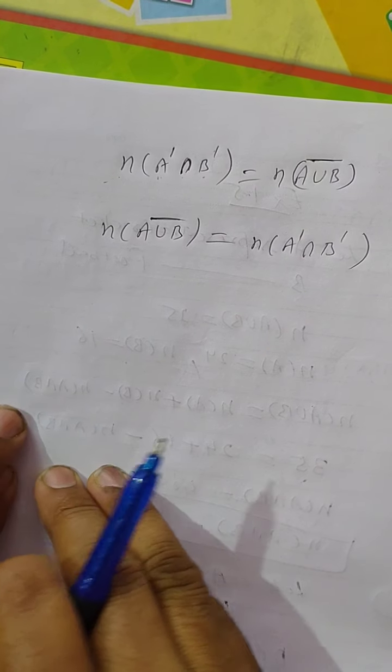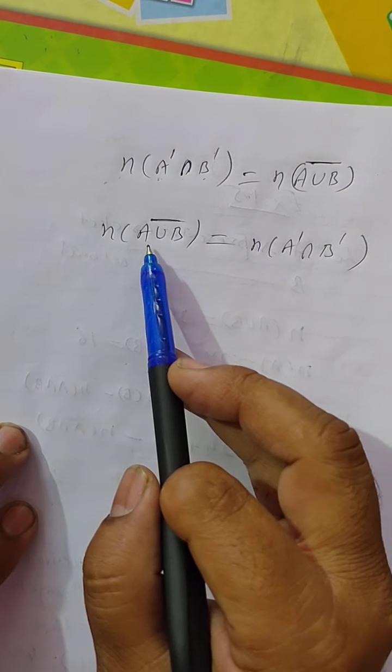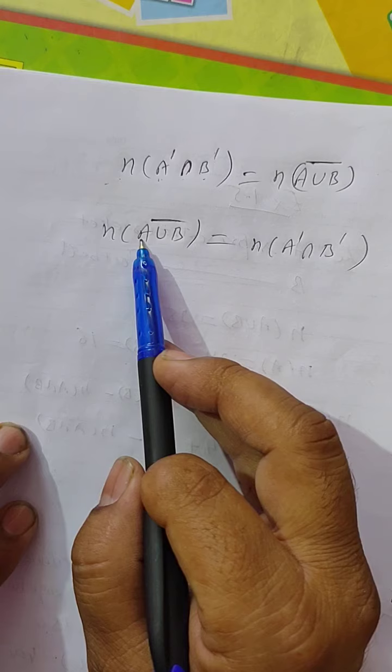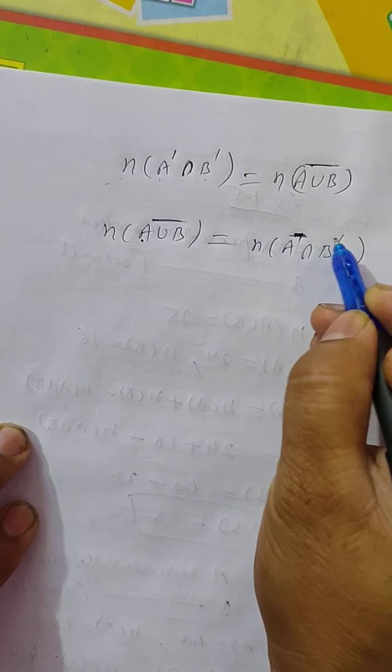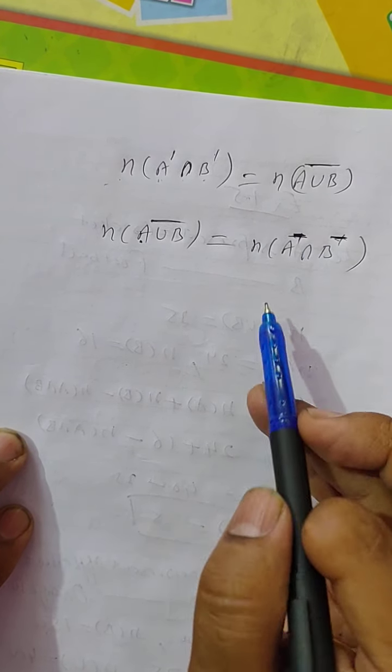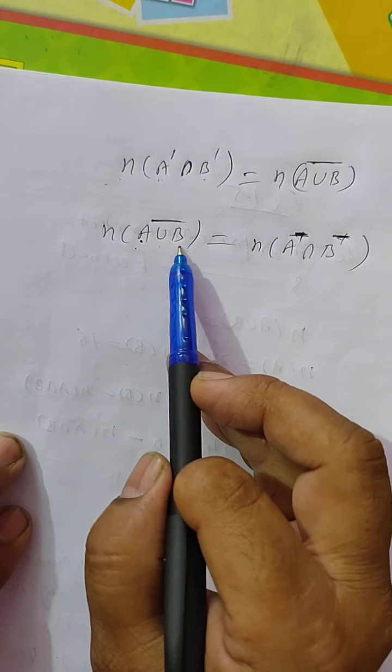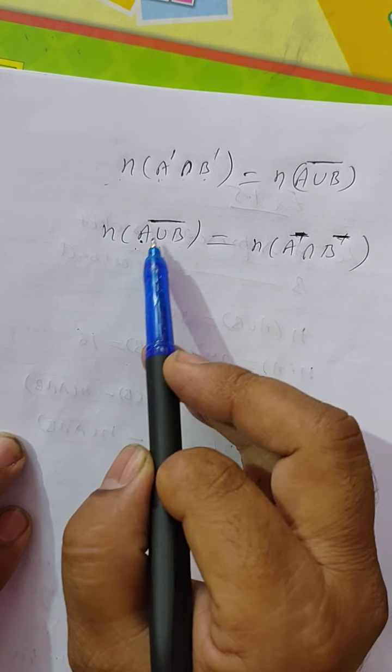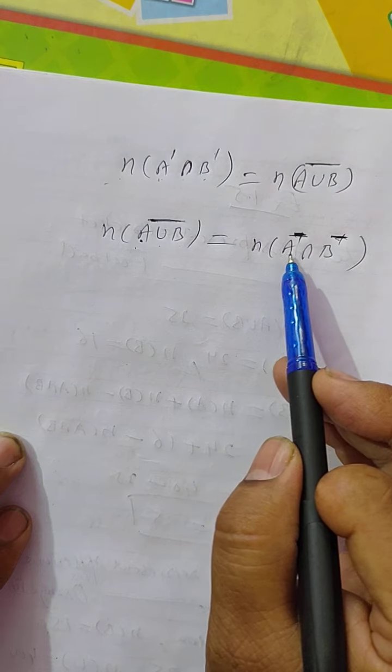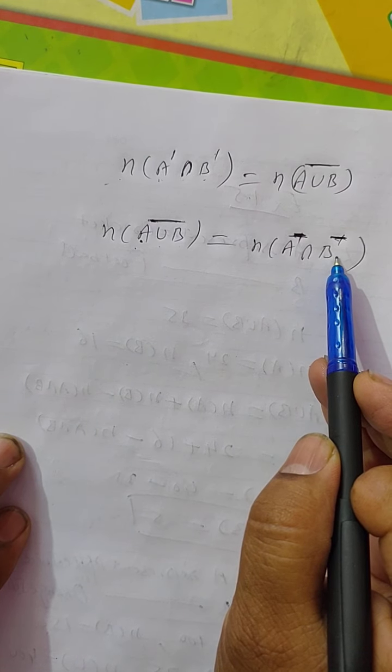These are De Morgan's laws. So if we have A complement, तो चाहे ऐसे लिखा है या ऐसे लिखा है, सेम थिंग. ठीक है, A union B whole complement, we can also write like this, A complement intersection B complement.